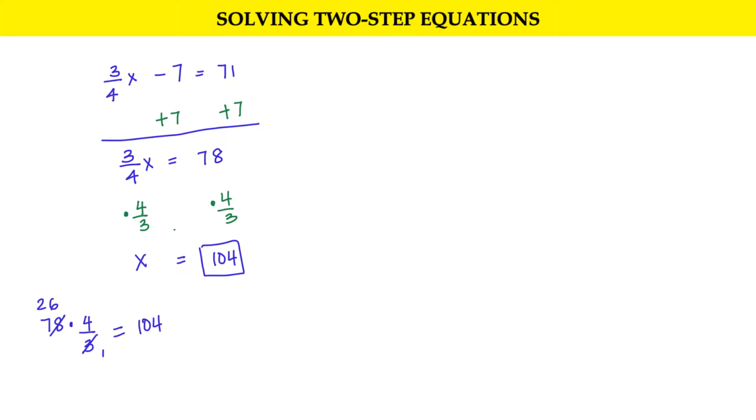Now let's do a check. Our left-hand side is this and this is the right-hand side, and we are hoping that the left-hand side and the right-hand side are equal to each other. So the left-hand side is 3/4 x minus 7 and x is equal to 104. So 3/4 times 104 minus 7.